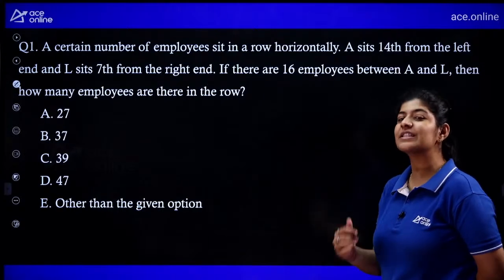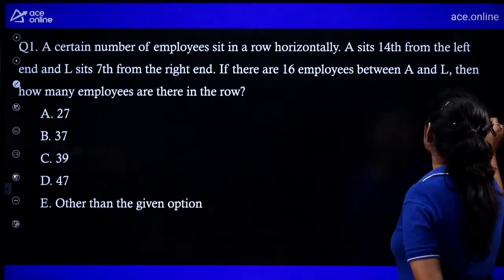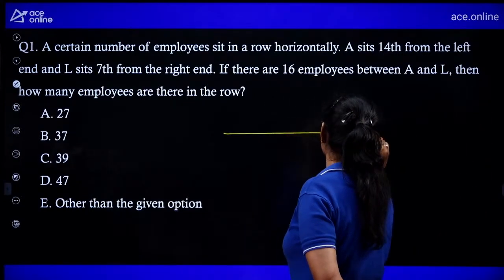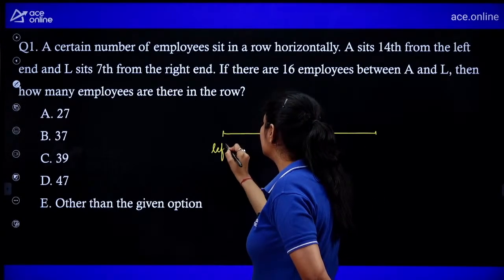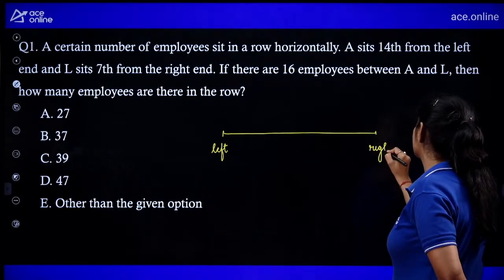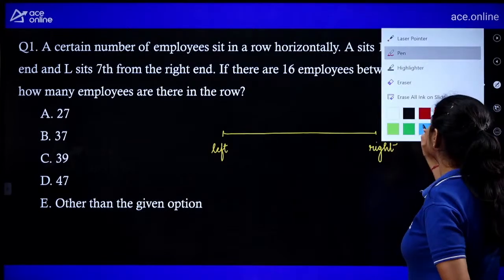What we need to do? We just simply need to find out the number of employees that we are having in the row. So if we are talking about a horizontal row, I can assume that this is my row. This is my left end and this is my right end. Now the question is saying that we are having two persons.